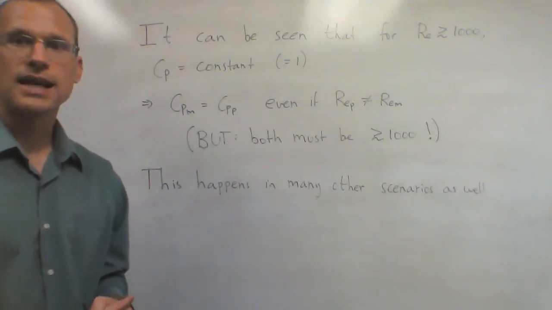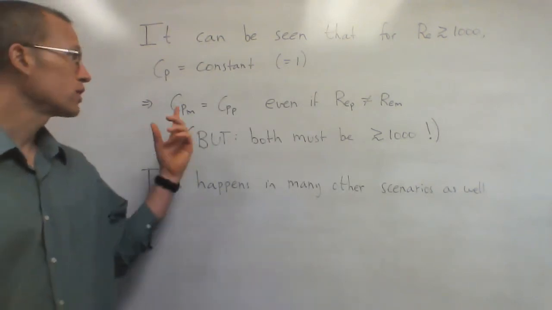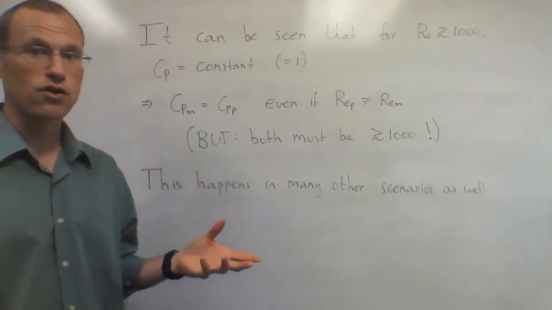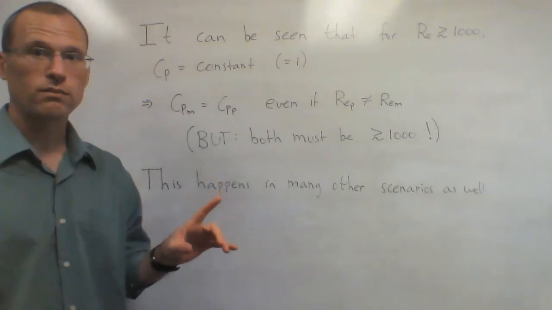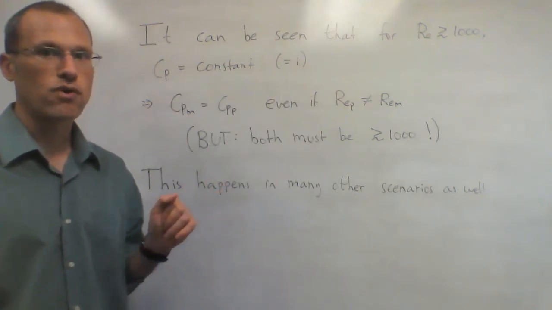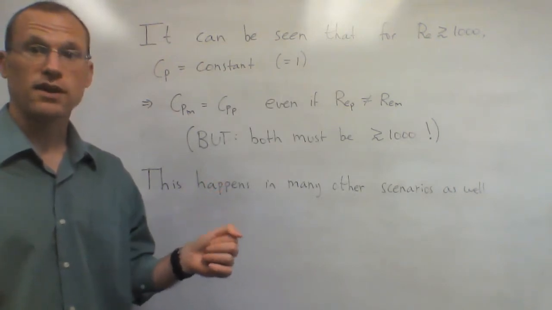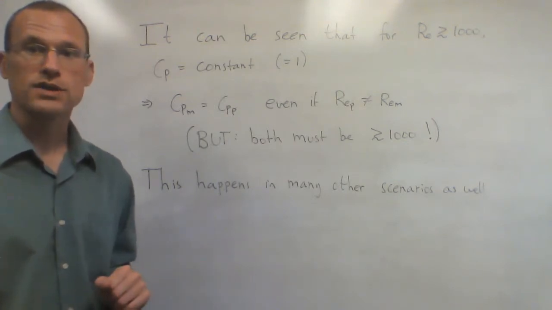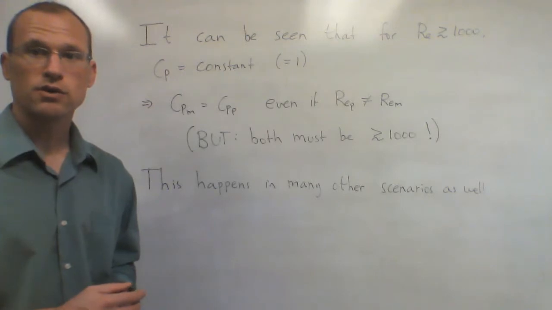So in other words, I can take the two CP values for my prototype and my model and set them equal to each other, even if the Reynolds numbers aren't the same. But with one big important point: both Reynolds numbers need to be above roughly 1,000 from that scenario, because that's where the two CP values were the same and independent of the Reynolds number.